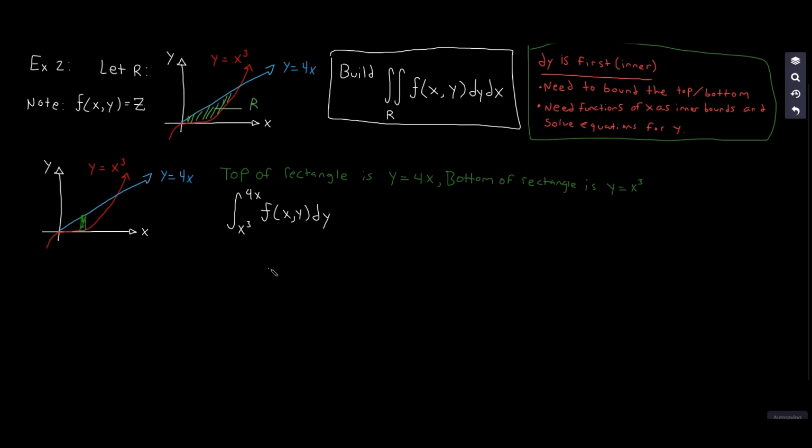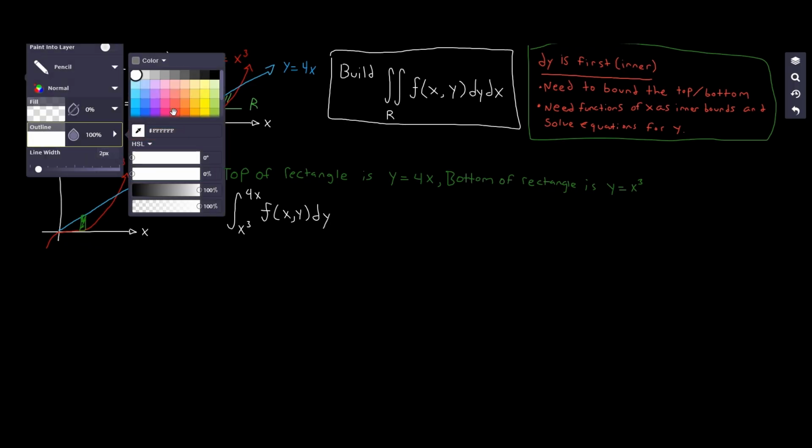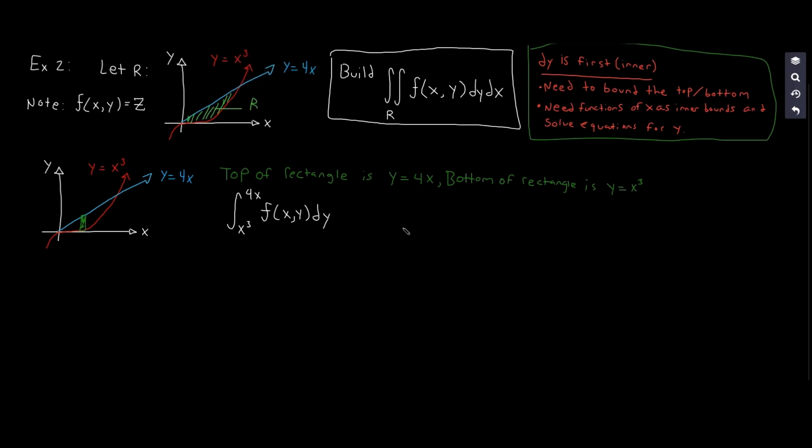So that's our vertical slice. We need functions of x as inner bounds, so we solve the equation for y. To do this, we have to set these equations equal to each other. So say 4x equals x to the third power.